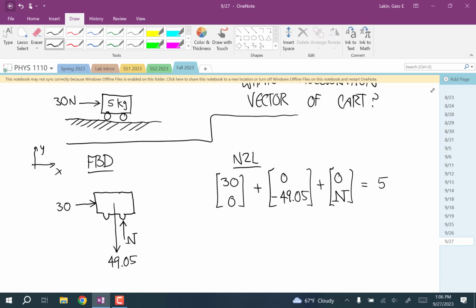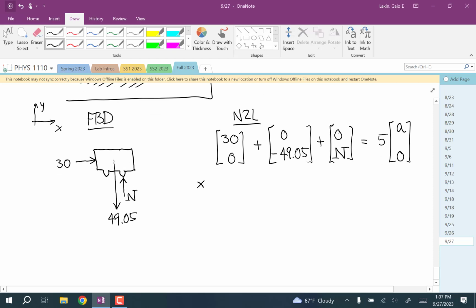So we have to think now, how is this object able to move? Is it able to move along the x-axis or the y-axis? X. And so I'm going to put this in as a variable in the x direction and a 0 in the y direction.